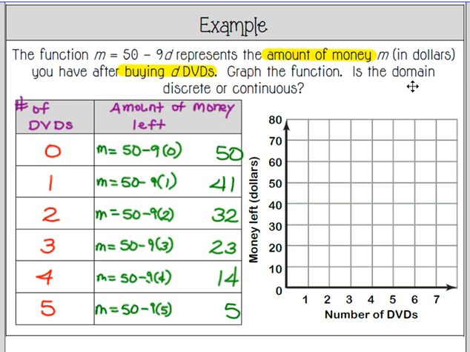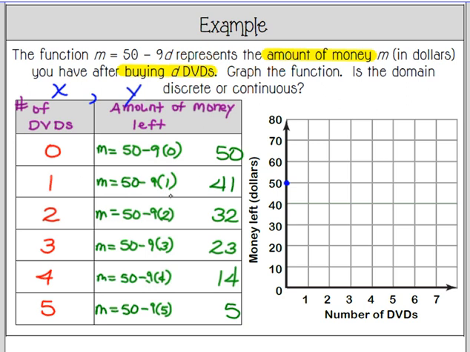And then we're just going to plot our ordered pairs. If the number of DVDs, recall, is our x value, and the amount of money left is our y, this would make our ordered pair. So we would have the ordered pair 0, 50, and plot a point there.